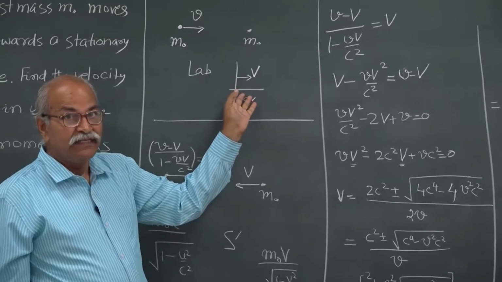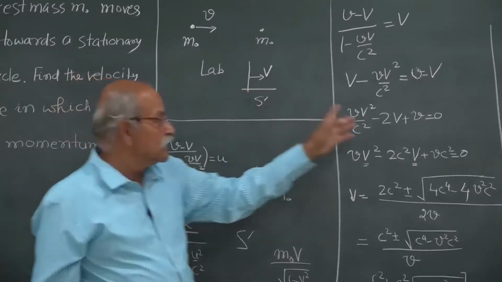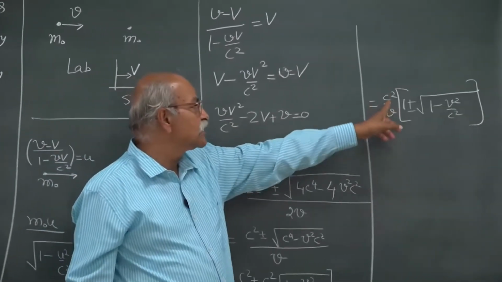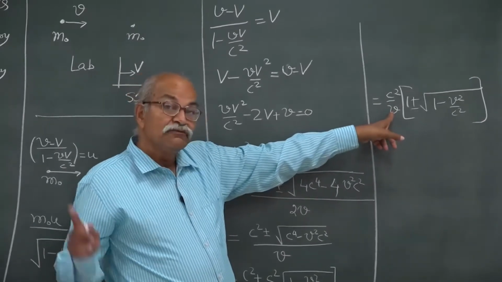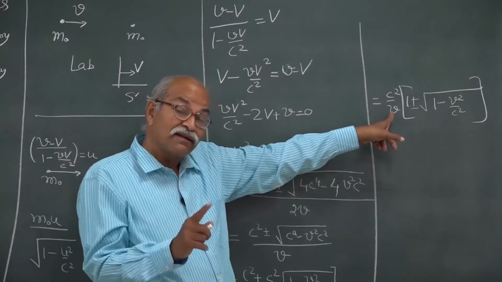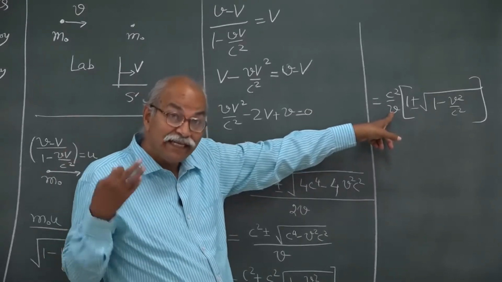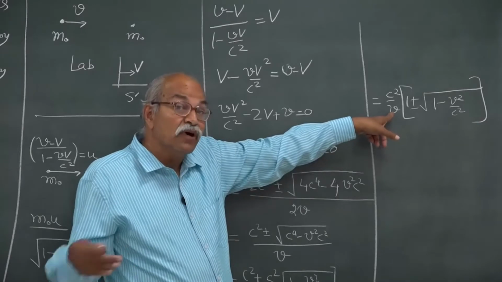If the total linear momentum is 0, and this quantity c square by v is already greater than c, because small v is the speed of the first particle, which cannot exceed c anyway. It has to be smaller than c.